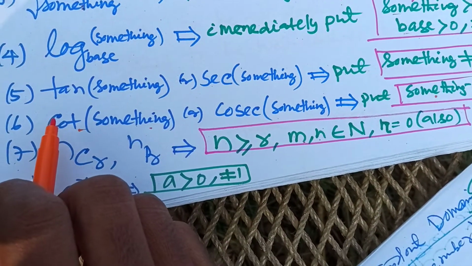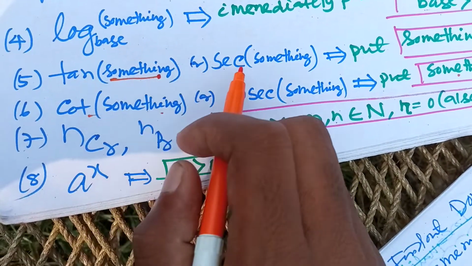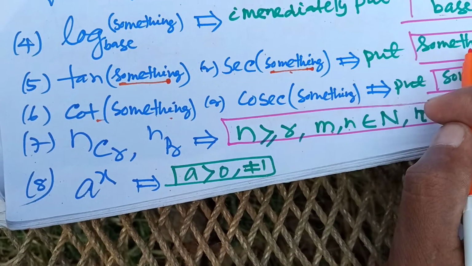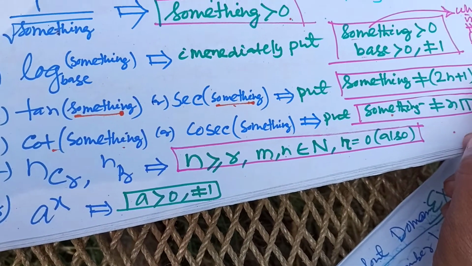Whenever you see an expression of the form tan of something or sec of something, immediately put whatever is inside not equal to (2n plus 1) into pi by 2.